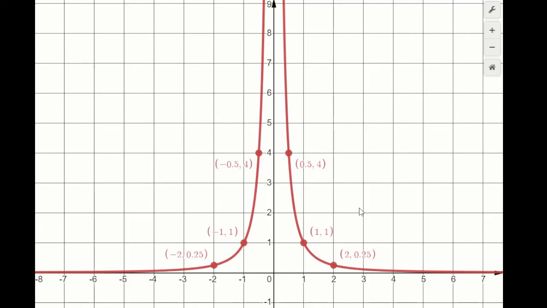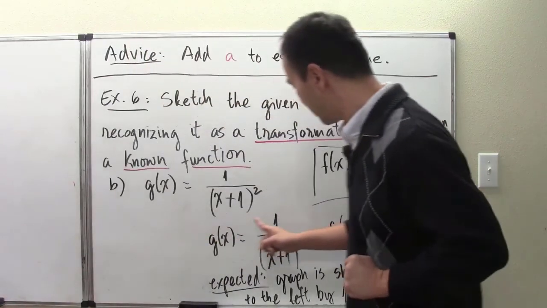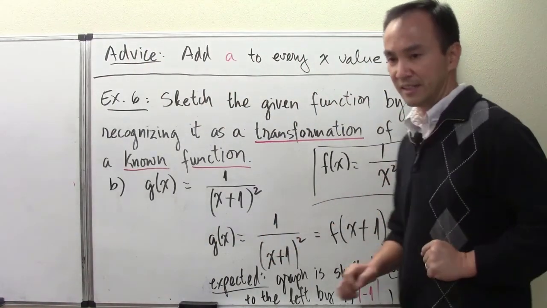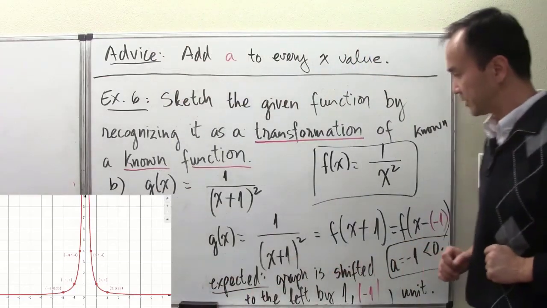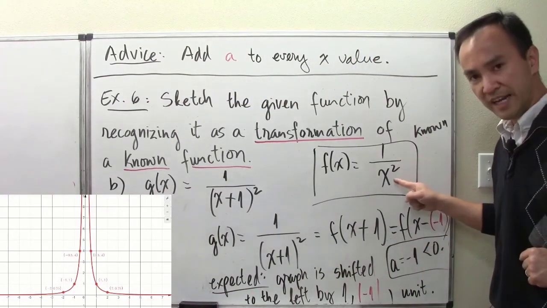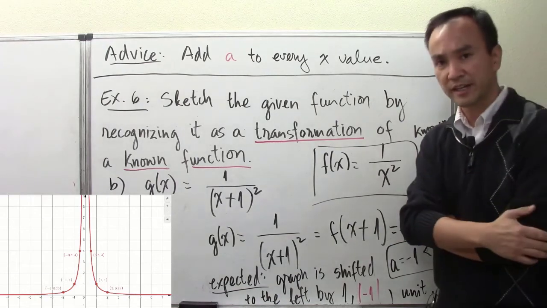Needless to say, you can always pause the video to have a clear understanding of how these points are consistent with the rule of the function, being 1 over x squared. And now let me keep that graph together with the screen here. Those are the guiding points being recognized already.